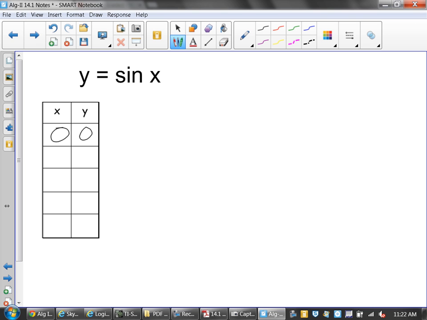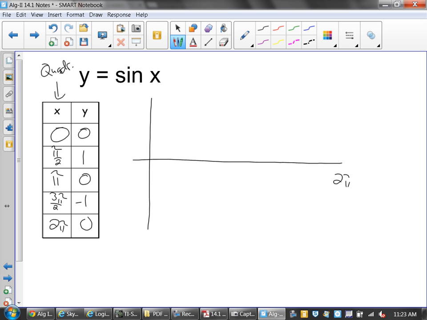Then it went to pi over 2, pi, 3 pi over 2, and 2 pi. These are my quadrantals. Then the y values went 0, 1, 0, negative 1, and 0. Again, your graphs are going to all look kind of the same to start with. You're cutting yourself into halves and then into quarters.